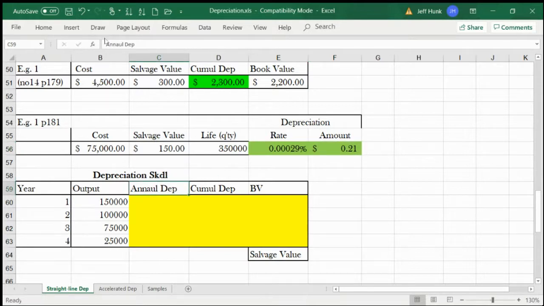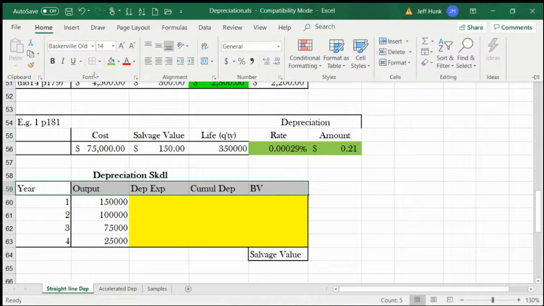So I would change the name to not annual depreciation; a more generic name would be depreciation expense, which of course means annual depreciation expense.